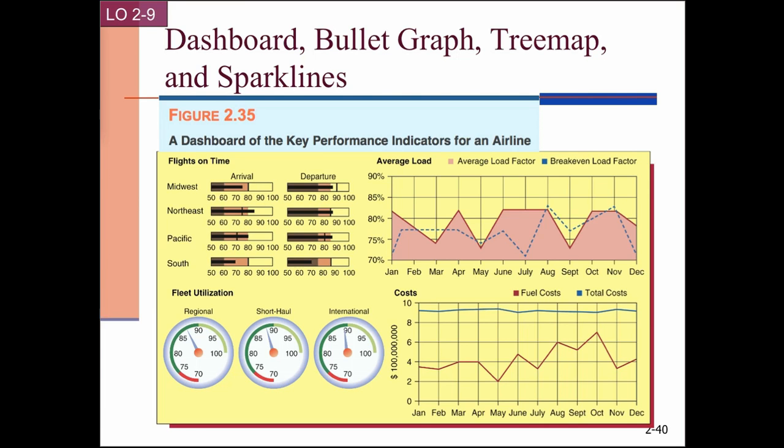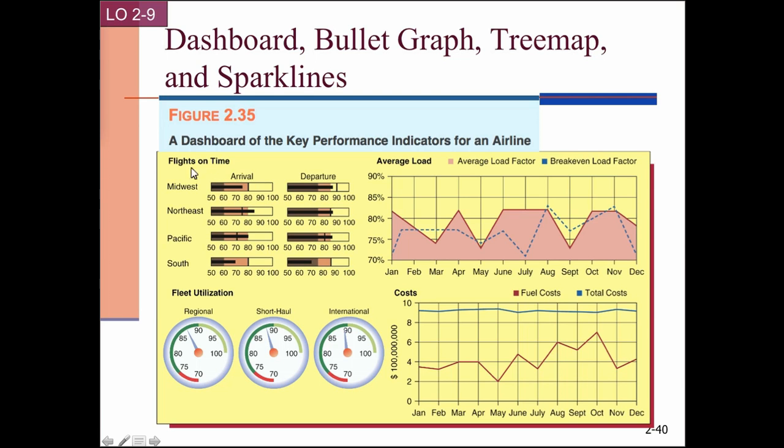One of those is what is called the dashboard and the gates, in which you can see the information summarized in more than one way. For example, this is the example given in your book in figure 2.35. They want to see the flights on time.